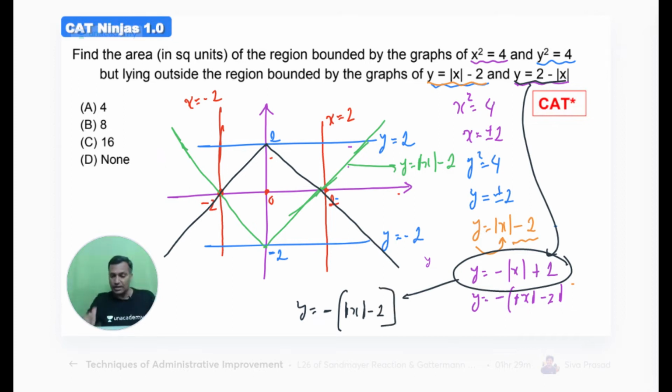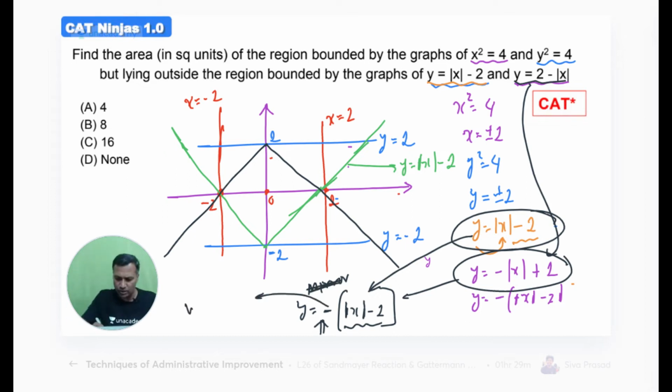Draw the graph of y is equal to mod x minus 2 and take the mirror image. Which means you already had y is equal to mod x minus 2, and its image is minus of that. What is this minus trying to do? It's trying to say it's a mirror image. Not actually a mirror image, it's a water image. Technically it should be a water image, because a mirror image is across the vertical line.